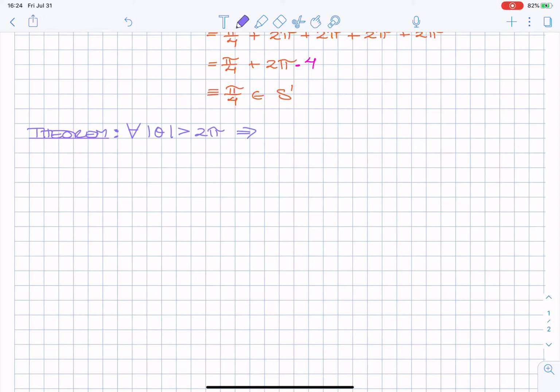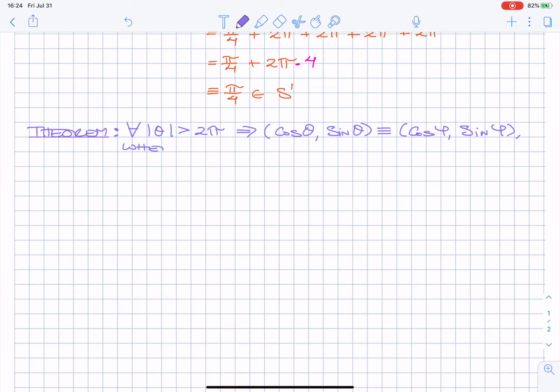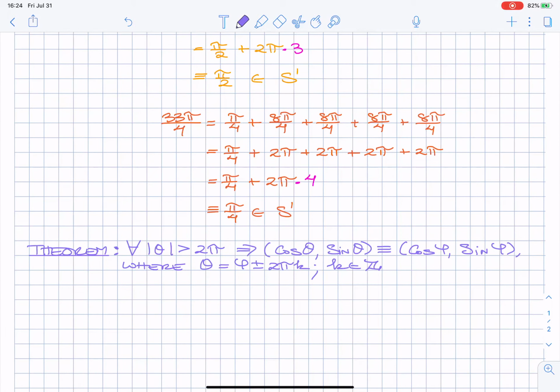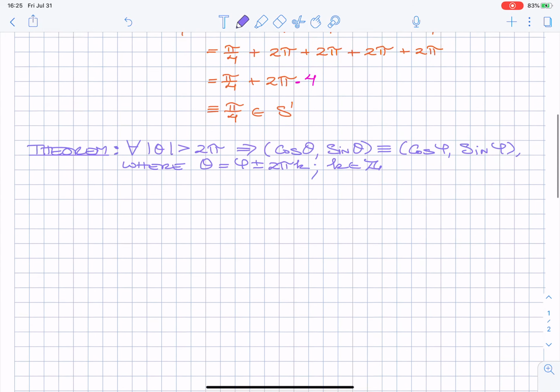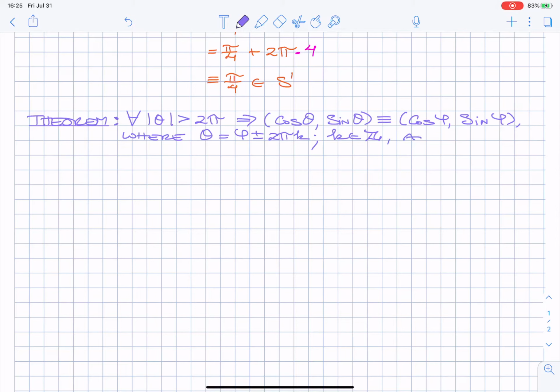This implies that the point cosine of theta, comma sine of theta, is equivalent to cosine of phi, comma sine of phi, where, of course, theta is going to be phi plus or minus 2 pi k, where k is some integer, like we had above.